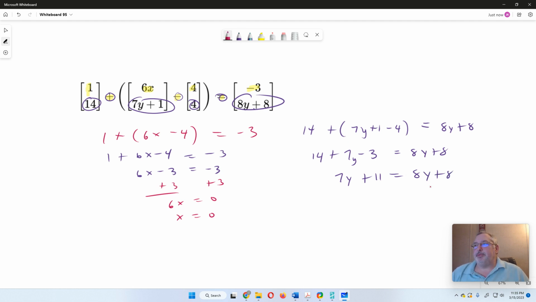Now I'm going to do 2 steps in one here. I'm going to subtract 8 from each side. I'm going to subtract 7y from each side. Cancels. 3 equals y. And so that's how you solve both of these problems.